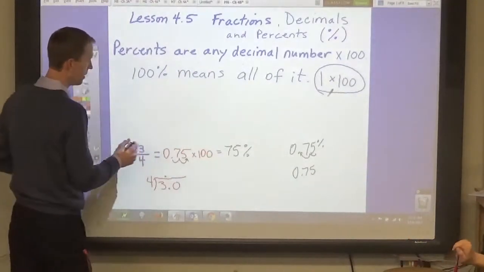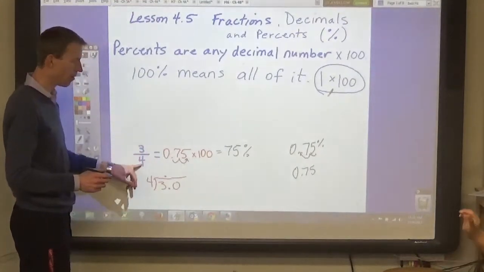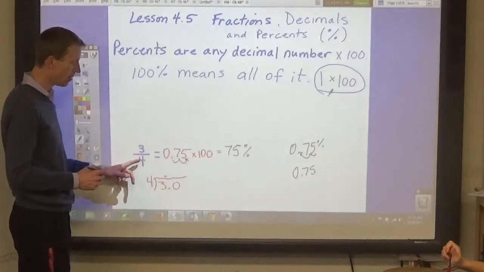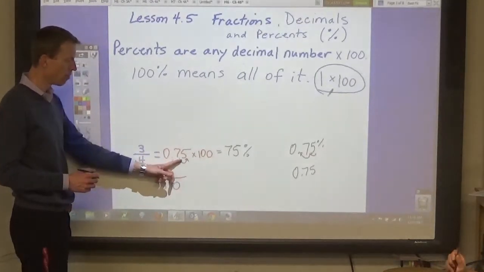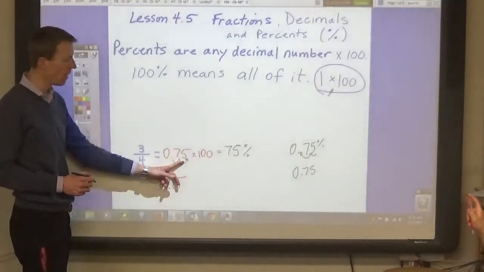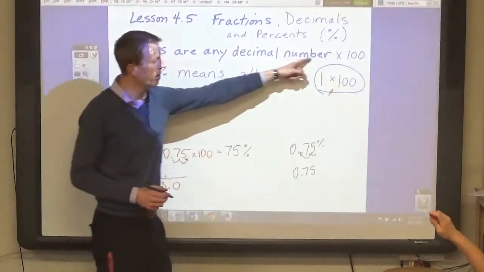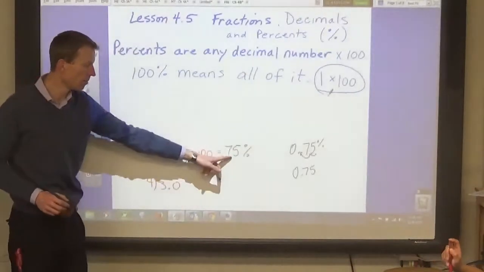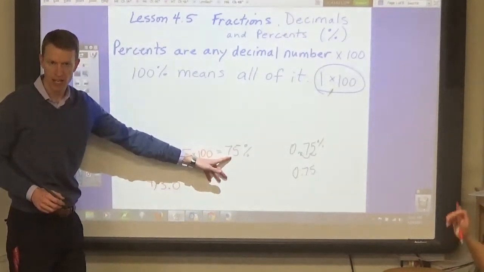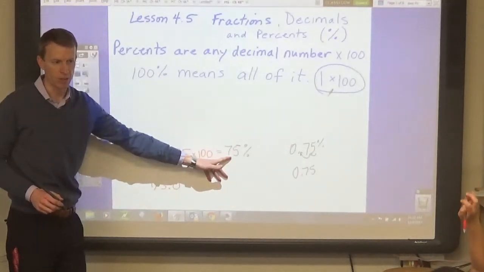So, for example, if you got 3 out of 4, correct? 3 divided by 4 is 0.75 as a decimal. And then when you multiply that by 100, you get the percent. So any number times 100 is the percent of that decimal.